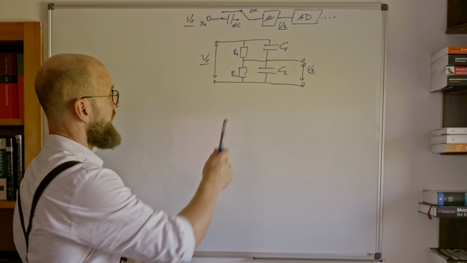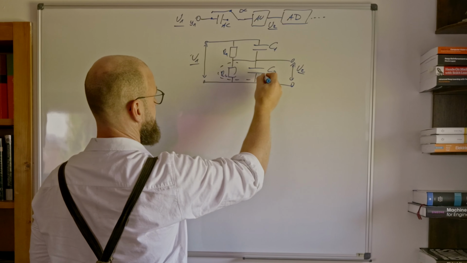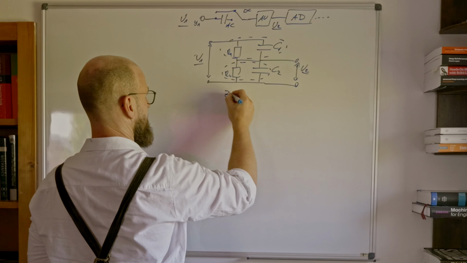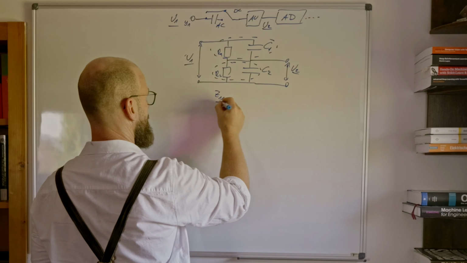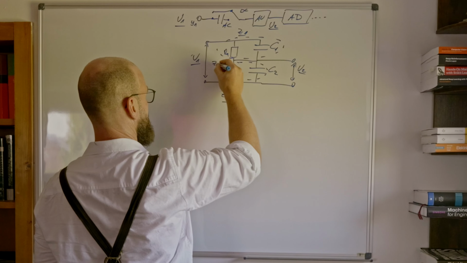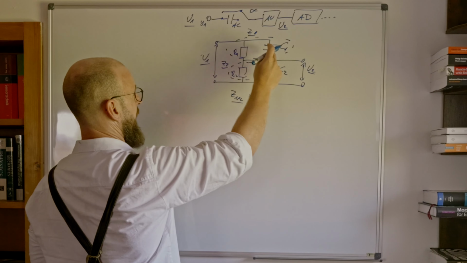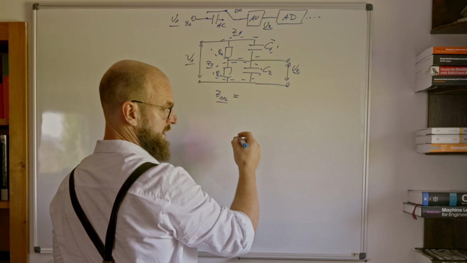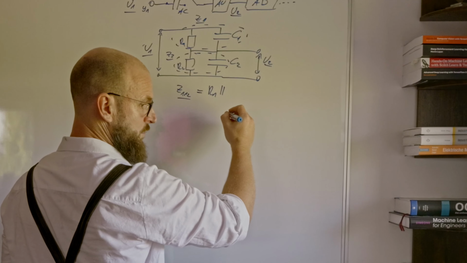Now that voltage divider is complex, so we have two complex resistors in here. Let's call them Z1 and Z2, and each is the parallel connection of a resistor and a capacitance, meaning R1 in parallel to C1.